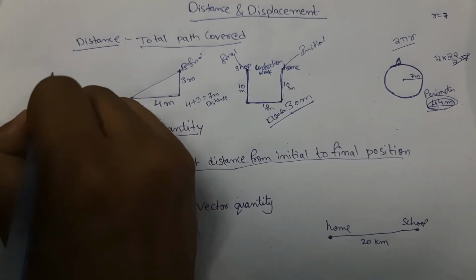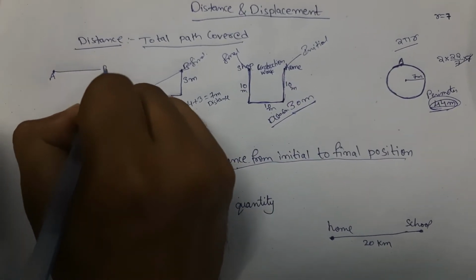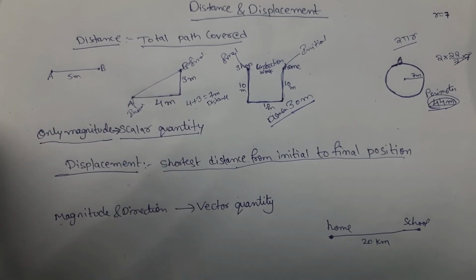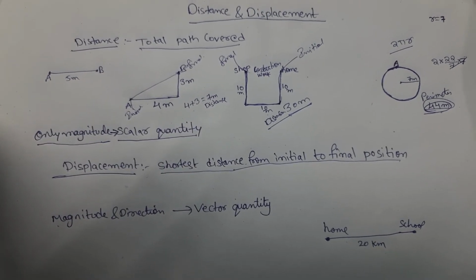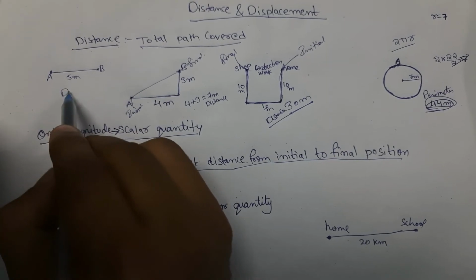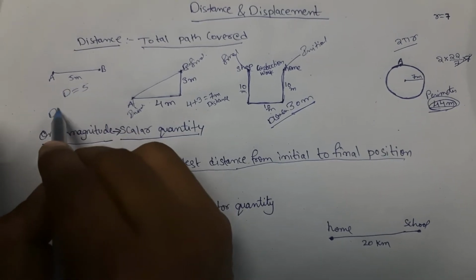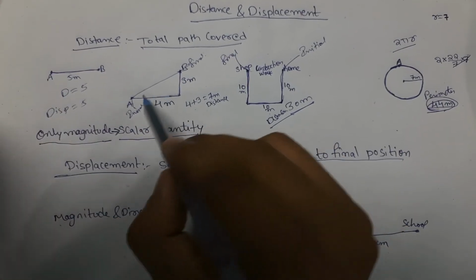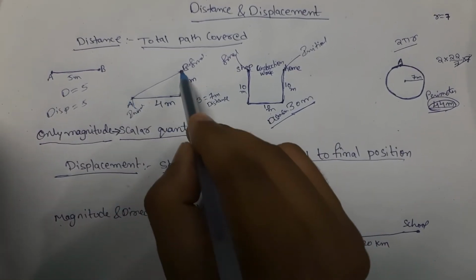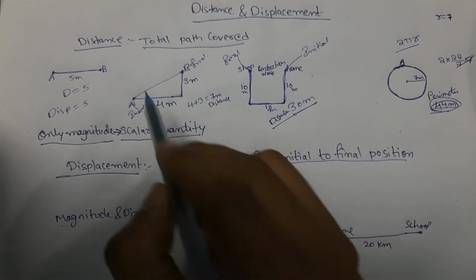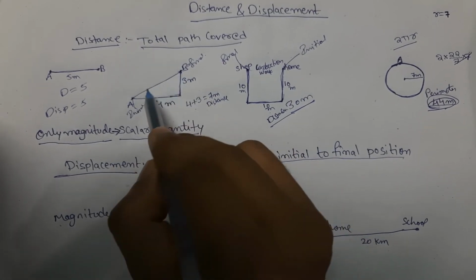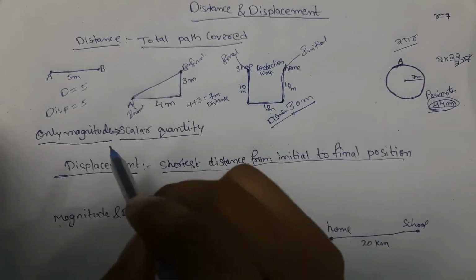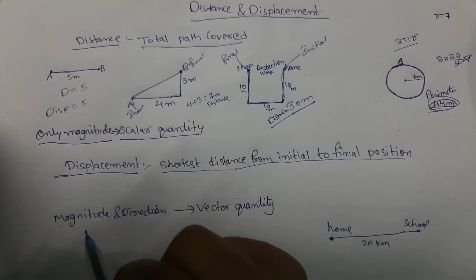For example, if point A is here and point B is here, and there is 5 meters distance between these 2 points, then here distance is 5 meters and also displacement is 5 meters, because the shortest distance is the same as distance, but here it is not. The distance traveled is 7 meters, but what is this displacement? The shortest distance, the straight line from initial point to final position.